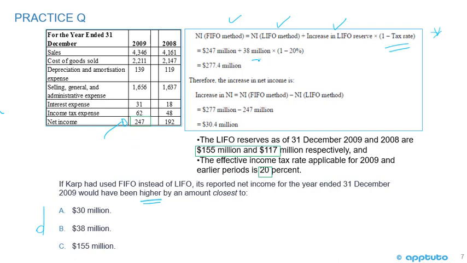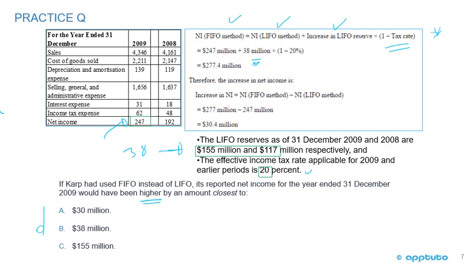We're going to be adding the change in the LIFO reserve. It's the increase, it's the change because we're still on the income statement. So 155 minus 117 is 38, and we're going to times it by 1 minus the tax rate. The tax rate was given to us. Again, we're not using a lot of information. There's one number from the income statement and the change in the reserve from the notes, and we needed the tax rate.